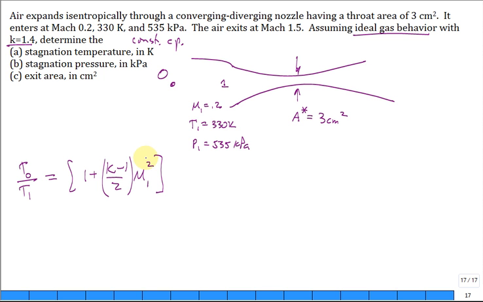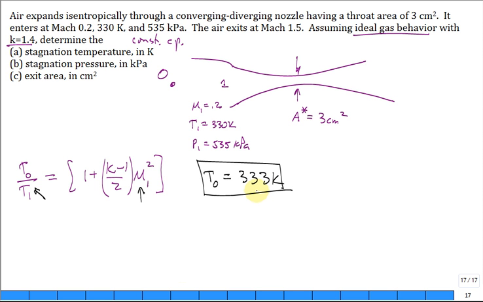That equation that we quickly derived. So you plug in this value of T, 330 Kelvin, this value of Mach number, square it, and you calculate the stagnation temperature T naught. Is it going to be higher or lower than 330? Higher. 333 Kelvin.